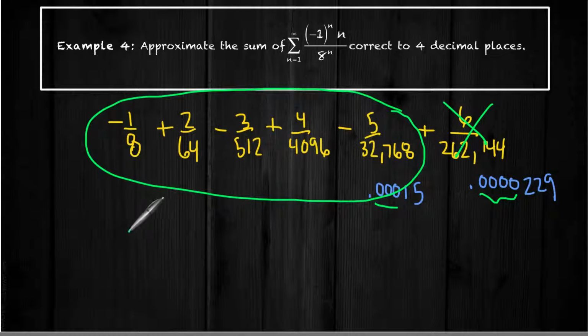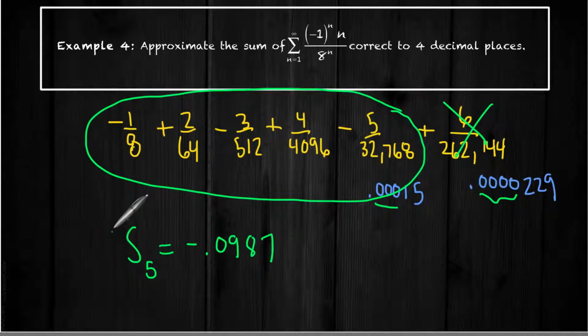So our answer is going to be S of 5, which is the partial sum of the first 5 terms, is going to be negative 0.0987. And that's the approximation of the actual sum plus or minus 0.0000229 in either direction.